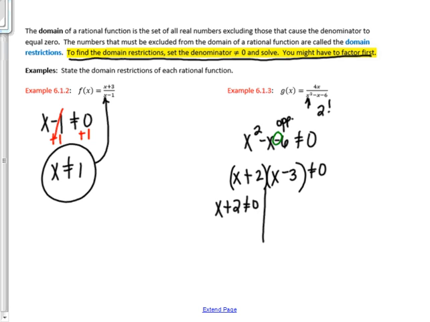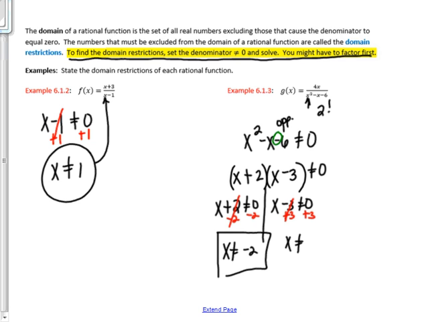You set each one not equal to 0, and you solve it. So this one has 2 domain restrictions, and they are, if I plug in a negative 2, I get a 0 on the bottom, and also if I plug in a 3, I get a 0 on the bottom. So domain restrictions are just what numbers do you plug in and turn the bottom into 0. So set the bottom not equal to 0 and find them out.